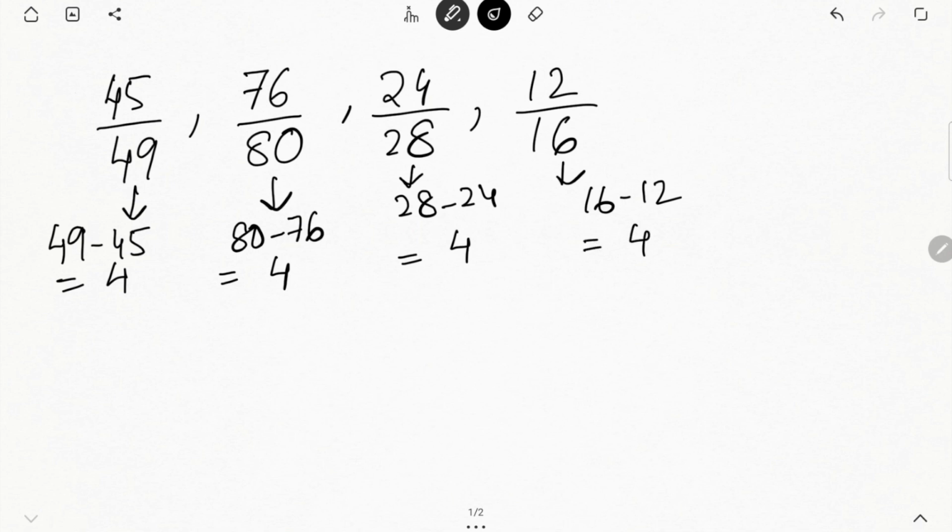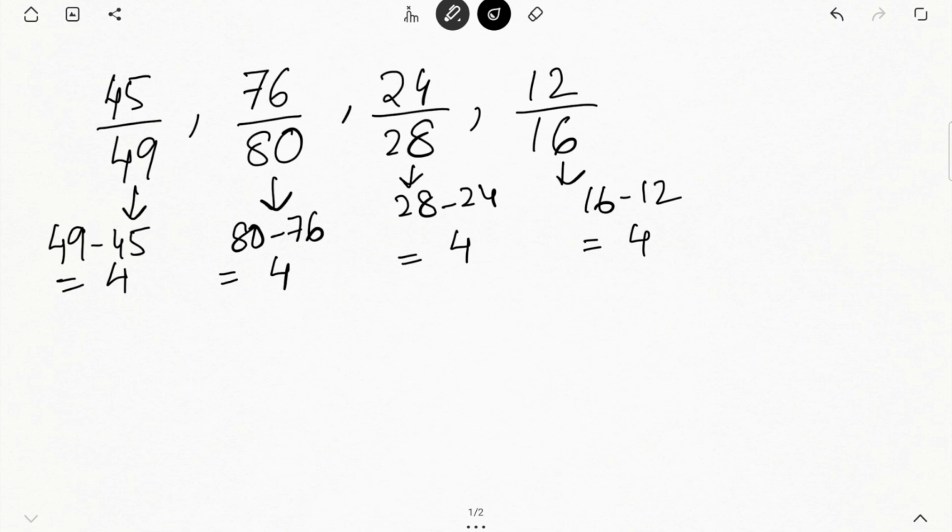So what we are seeing here is that the difference is the same for each and every fraction. When the differences are the same, we can arrange the fractions directly according to the value of the numerator.